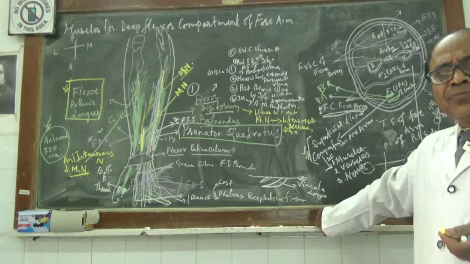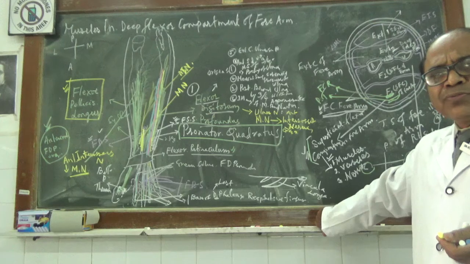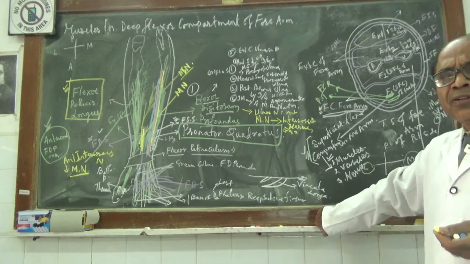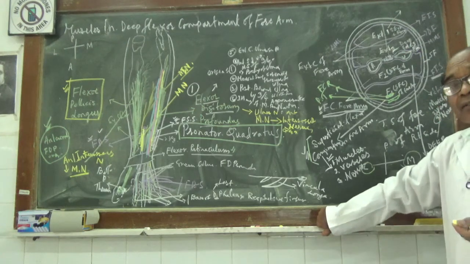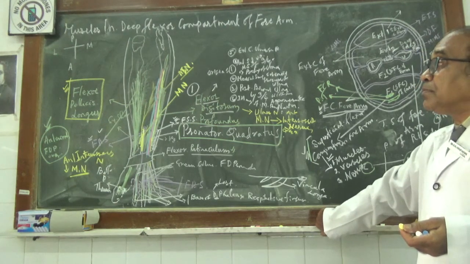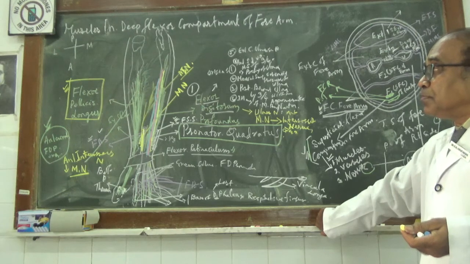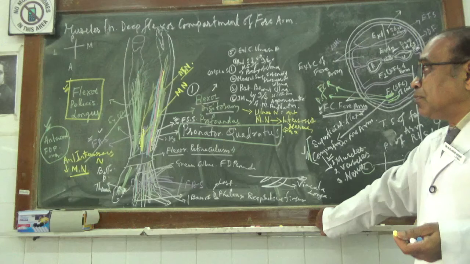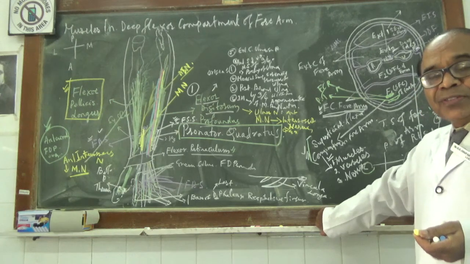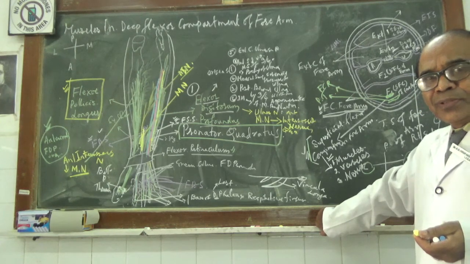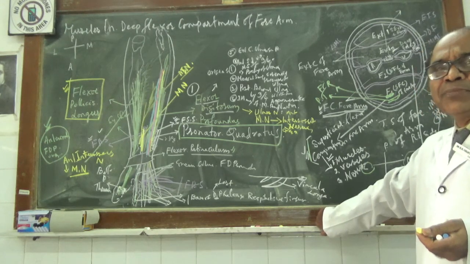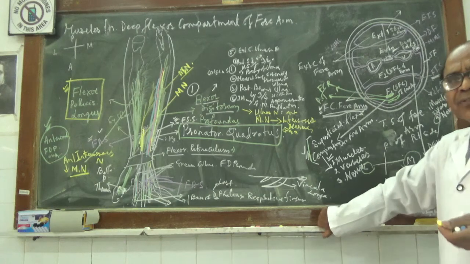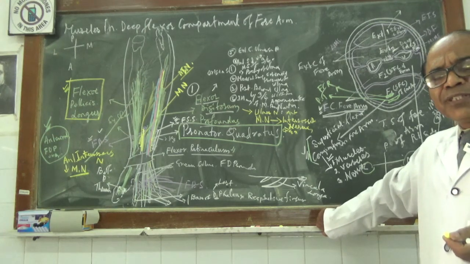This median nerve is formed by the medial root and lateral root of the median nerve from the medial cord and the lateral cord of the brachial plexus respectively. While the medial part of flexor digitorum profundus is supplied by the ulnar nerve, the lateral part of the flexor digitorum profundus is supplied by the anterior interosseous nerve, which is a branch of the median nerve.